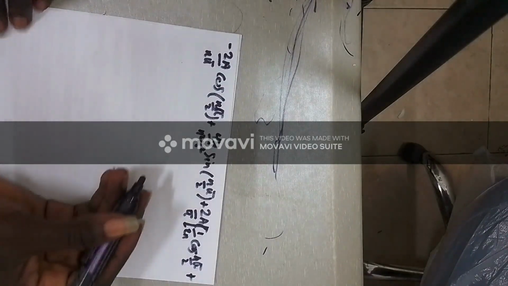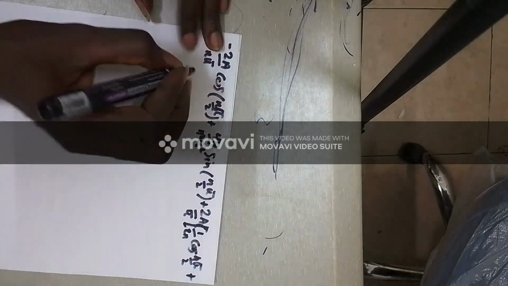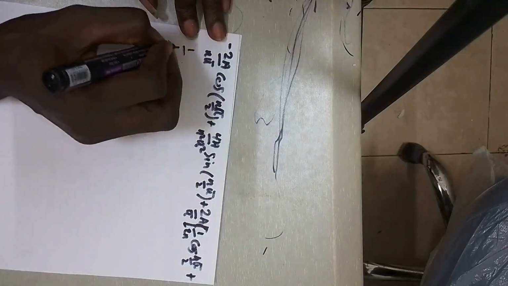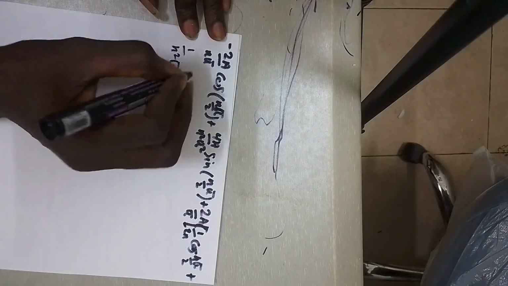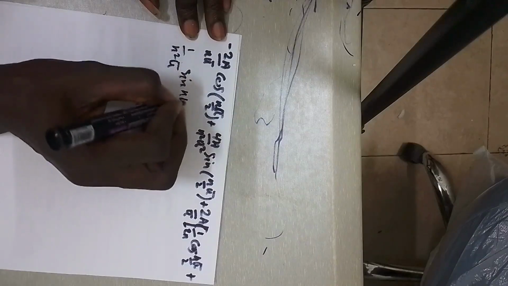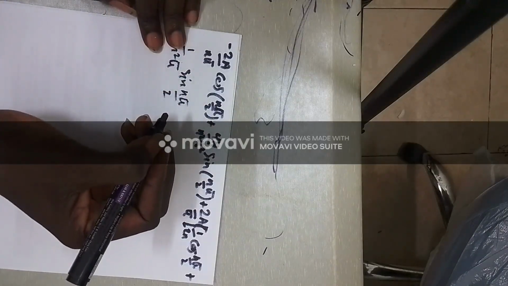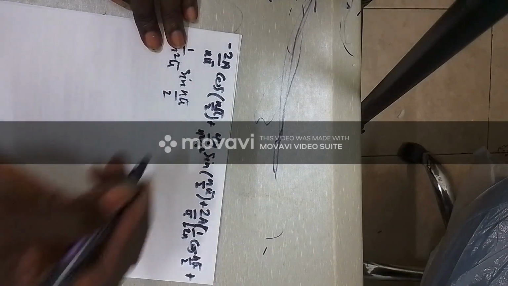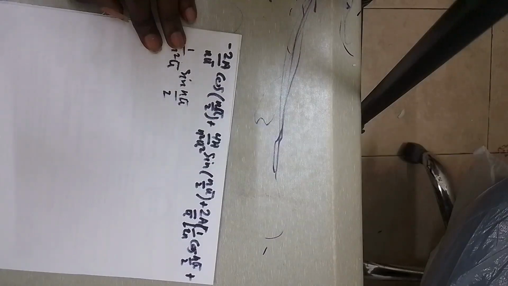So now here, what I'm going to have is plus 1 over n squared pi into sine n pi on 2, plus sine n pi on 2. Why am I saying that?